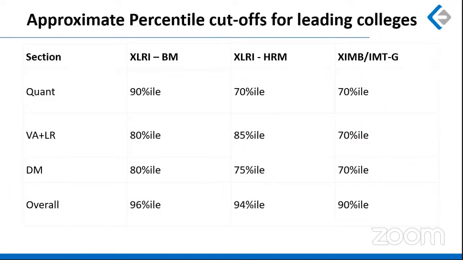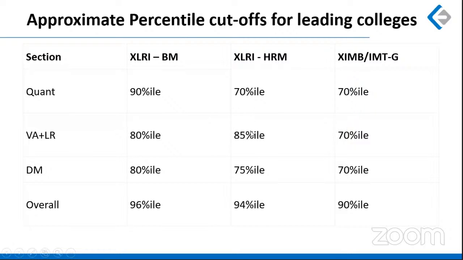And these are the approximate percentile cutoffs for leading colleges through XAT. This is the same slide that I have covered in the last analysis also. So XLRI BM is asking for 90, 80, and 80, and the overall is somewhere around 96 percentile. So these values become important benchmarks for you if you are targeting XLRI BM. XLRI HRM has a lower percentile requirement in terms of the quant section, but higher in terms of VALR.